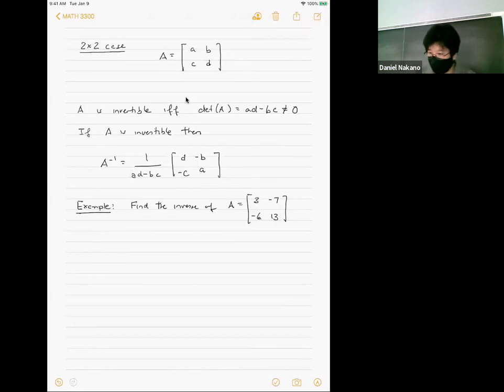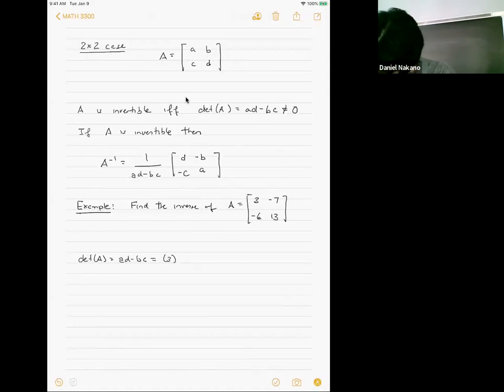And so let's calculate the determinant first. That's AD minus BC. So what is A here? A is 3. D is 13. B is -7. And C is -6. Okay, is everyone all right with that so far?